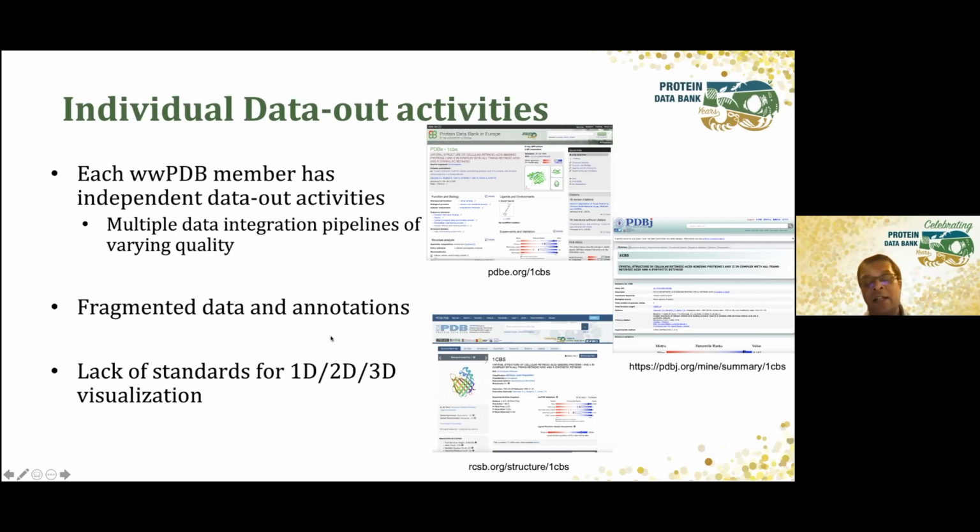And that means that some of this data is available on one site and not another. And so the data is fragmented and the annotations are fragmented. We have slightly different ways in which we show that data. So there is also a lack of standards for 1D, 2D, or 3D representation of both the structured data and the associated annotations.